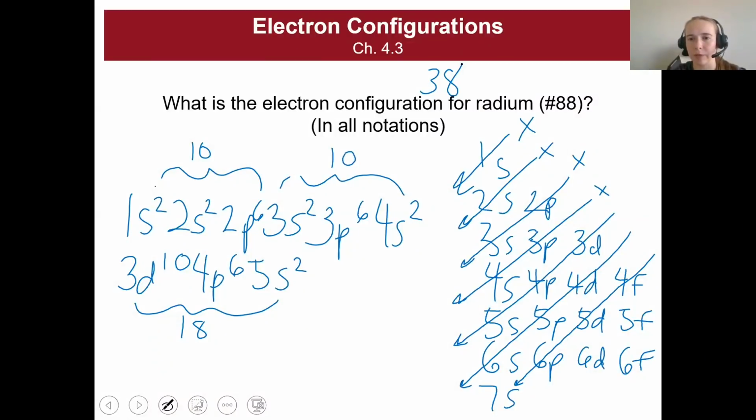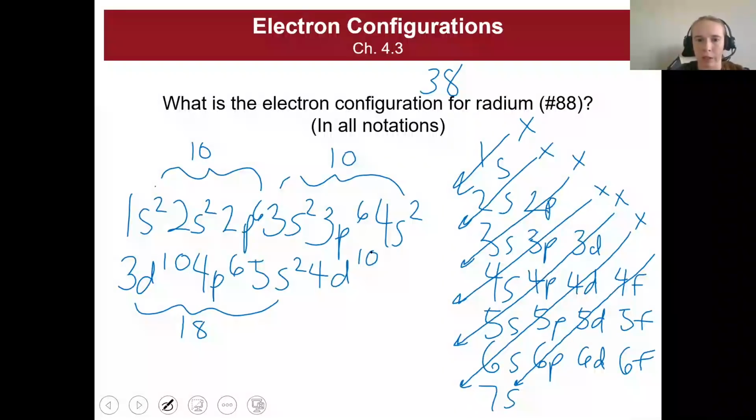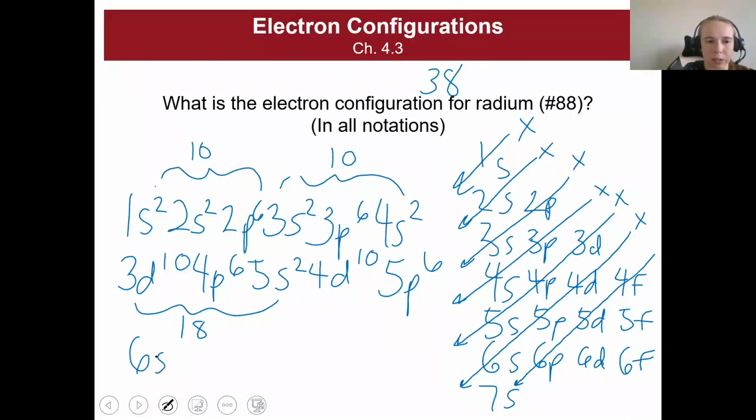Okay, what's after 5s? Next is 4d, so that's 10, and 5p, 6, and then 6s2. So now we've got another 18. Takes us to 56. Okay, getting closer.